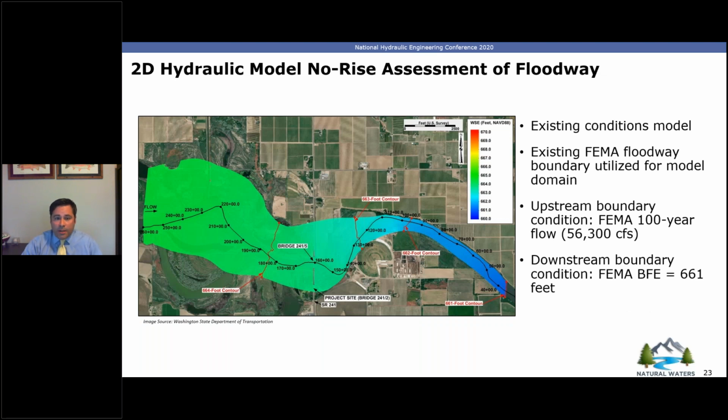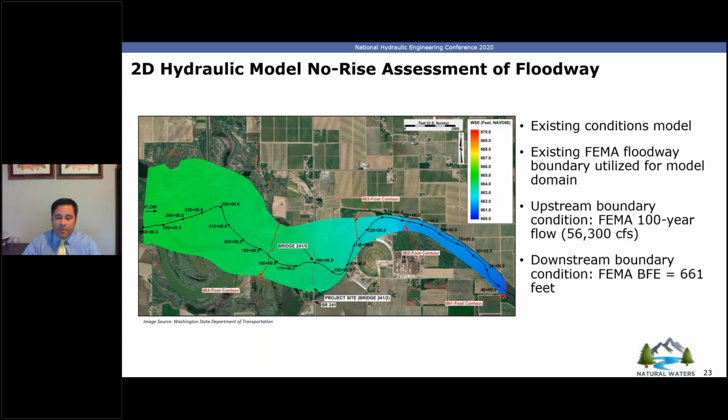So that was the floodplain model. Now, similarly, like we talked about before, when you were developing the floodway model, the same kind of procedure went underway with the distinction that instead of having the full lateral limits of the domain, the effective FEMA floodway boundary was utilized to truncate the lateral extents of the model.